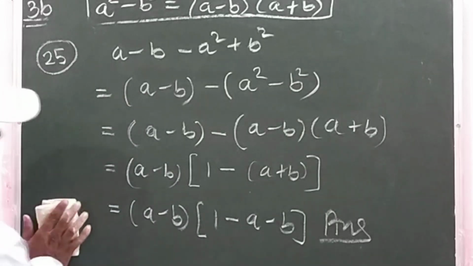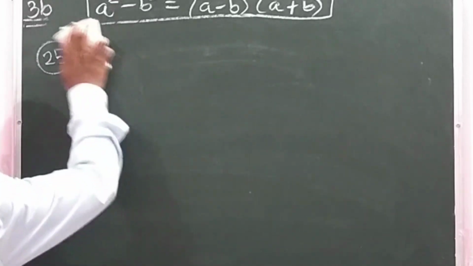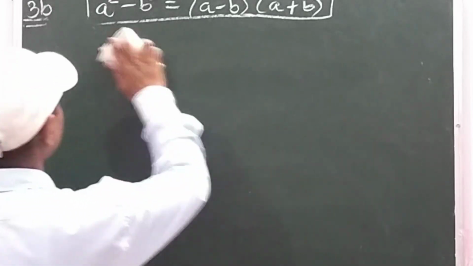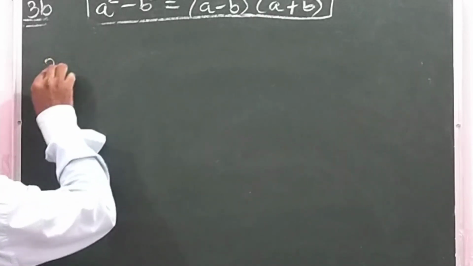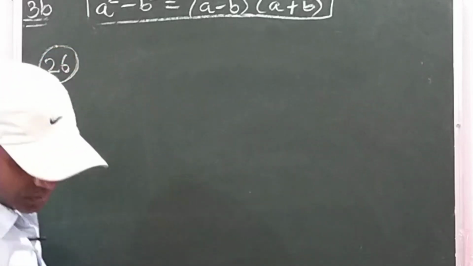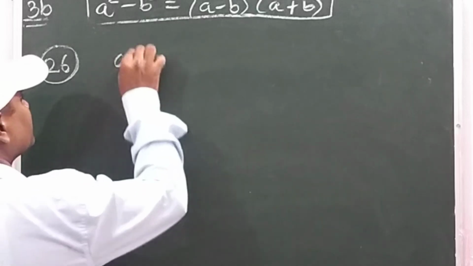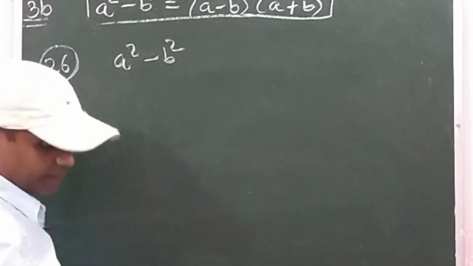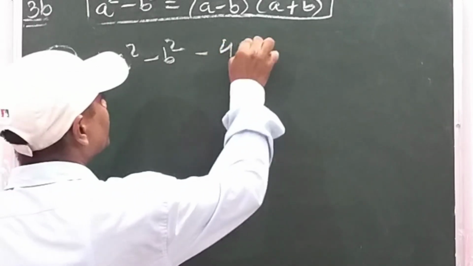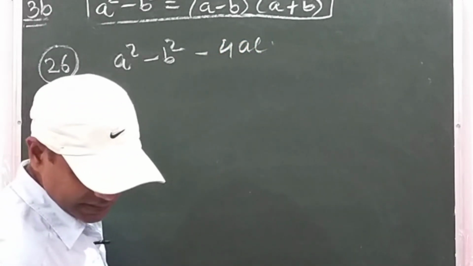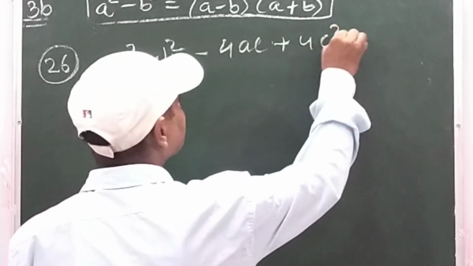Next, question number 26. Question number 26 is a square minus b square minus 4ac plus 4c square.